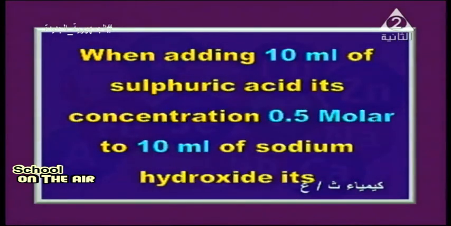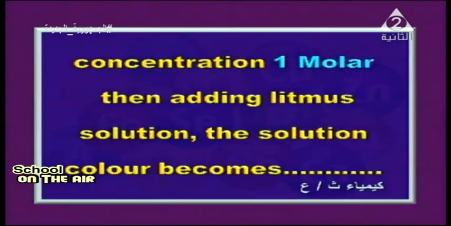Next one, when adding 10 milliliter of sulfuric acid, its concentration 0.5 molar, to 10 milliliter of sodium hydroxide, its concentration 1 molar, then adding litmus to the solution, the color becomes what?